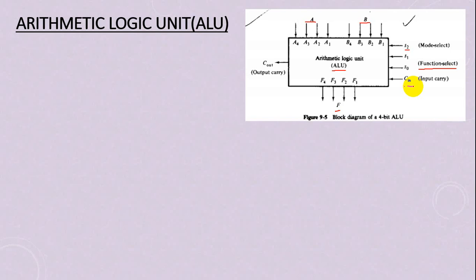So if we include carry in as the third selection pin for arithmetic operation, S0, S1 and carry in, there will be 3 selection pins for arithmetic operation and 2 selection pins, S0 and S1 only, for logic operation. With 3 selection pins, 2 to the power 3, that means 8 different arithmetic operations can be performed.